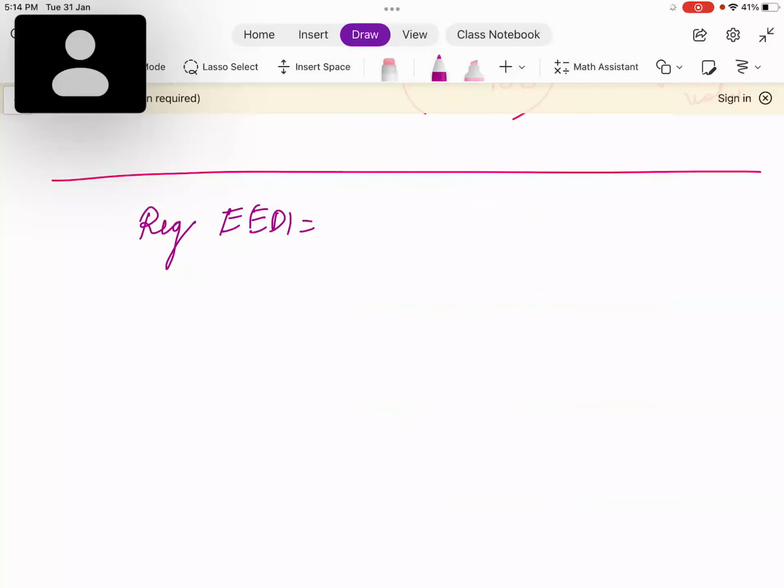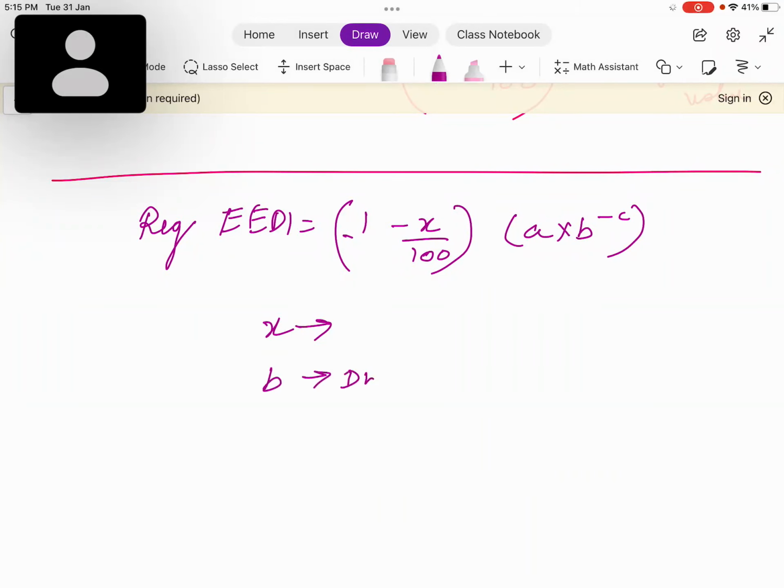One minus x by 100. What is x over here? B is the deadweight capacity. What is x? It is the reduction factor, right?